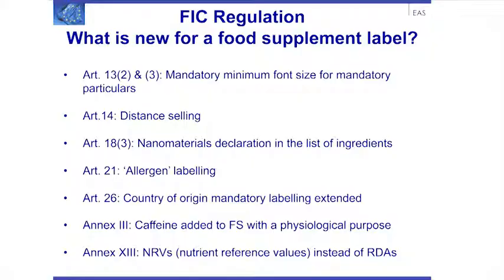Okay, don't forget that. Another new element in the FIC, the food labeling regulation, is about nanomaterials. Again, if you use a nano ingredient in your formula, let's take an example, coenzyme Q10. If it comes from nano, well, you have to declare it in your list of ingredients. You put coenzyme Q10 and then in brackets nano.